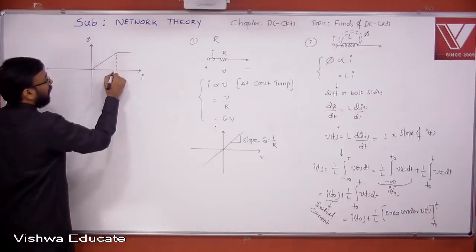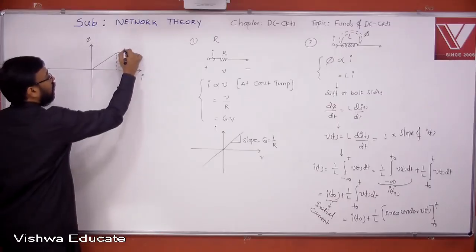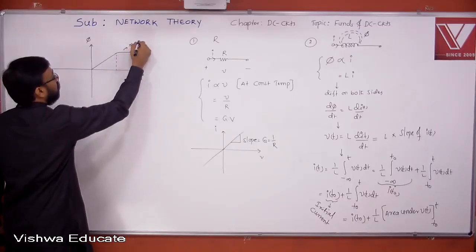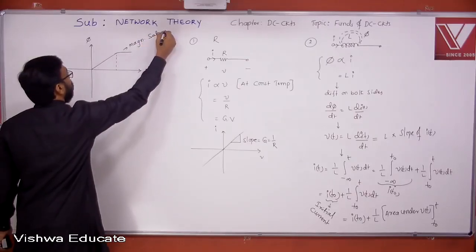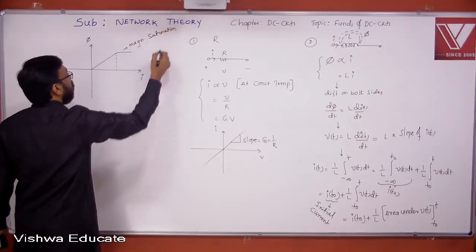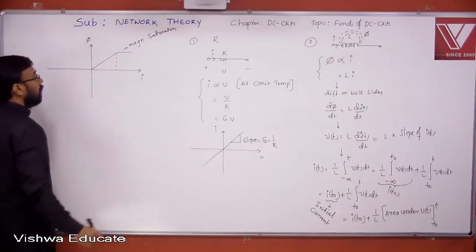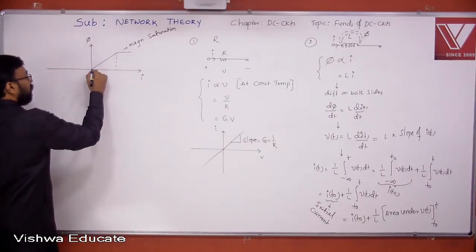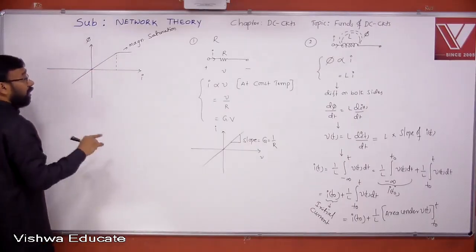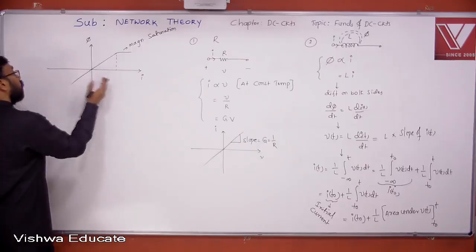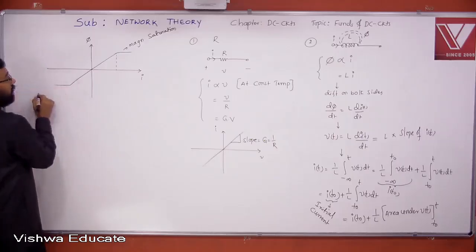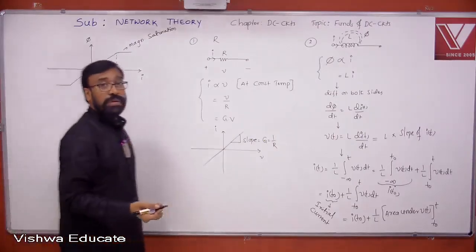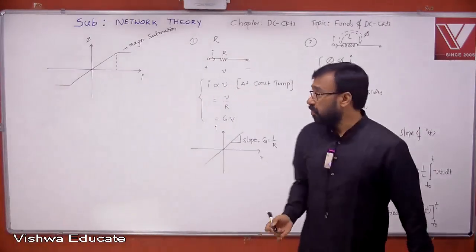This is called magnetic saturation. But the same characteristics you can expect even in the third quadrant. For a negative current, you get a negative flux, obviously. Yes or no? Then you have the saturation in the negative direction too.